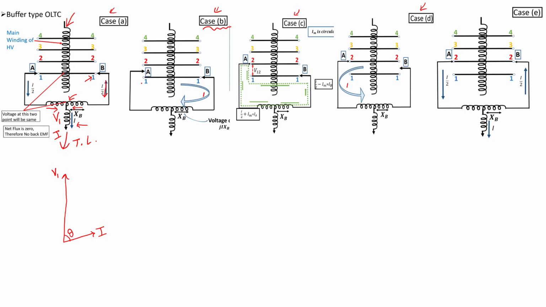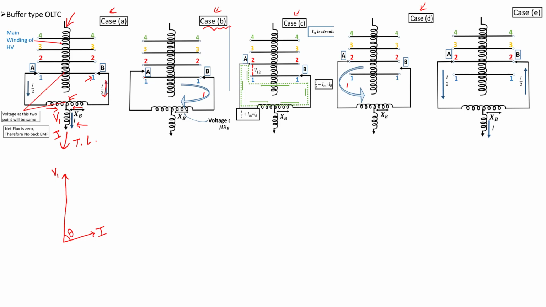So how to move this? There are two arms, A and B, and one of them we have to lift. In this case B figure, you can see arm A is lifted. Now we have to see how the currents and voltages will be in this condition.